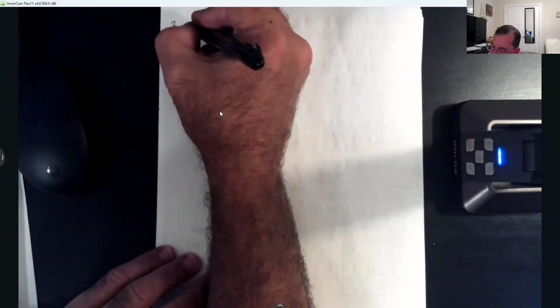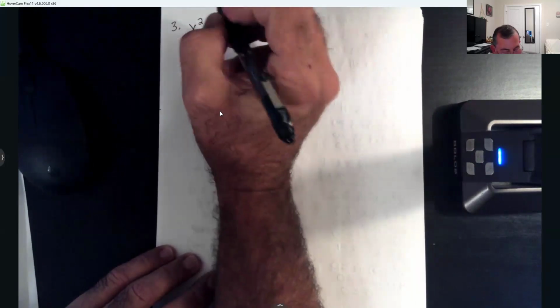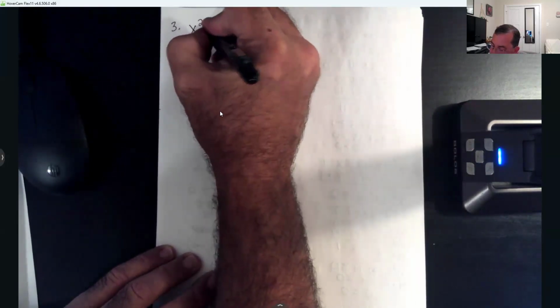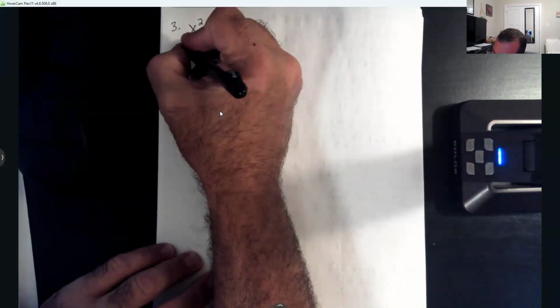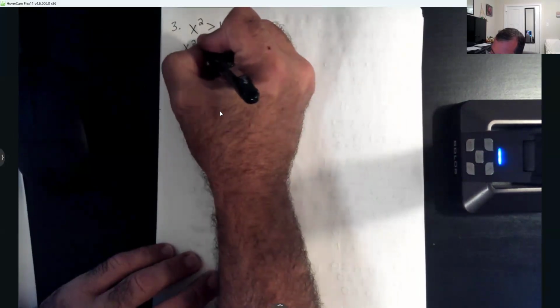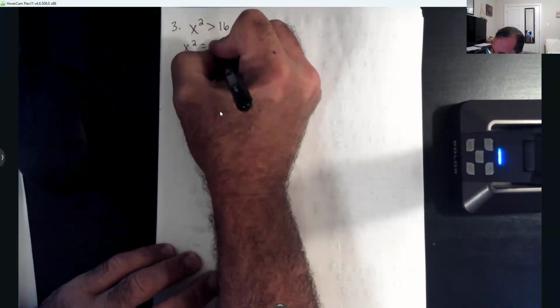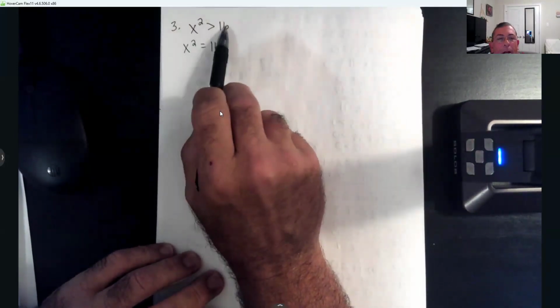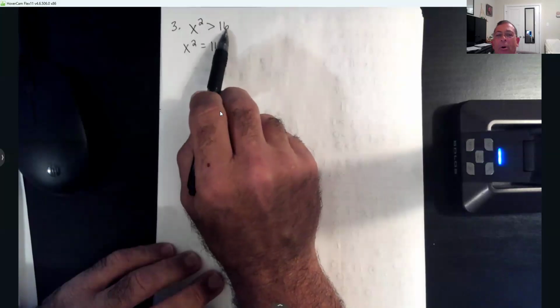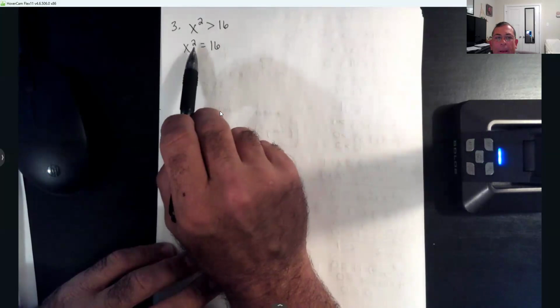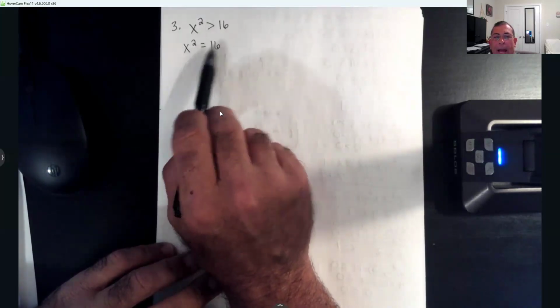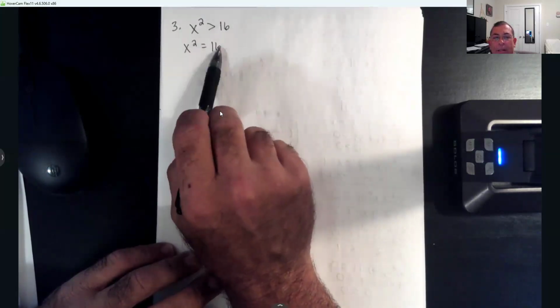Oh, y'all, this one's not bad. X squared greater than 16. So I'm just going to solve that by setting x squared equal to 16. When I got an x squared and a number, I don't have to worry about getting everything on one side equal to 0 because I got a fast way that I can solve this.